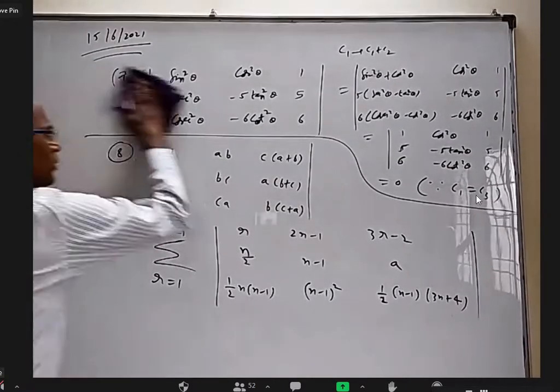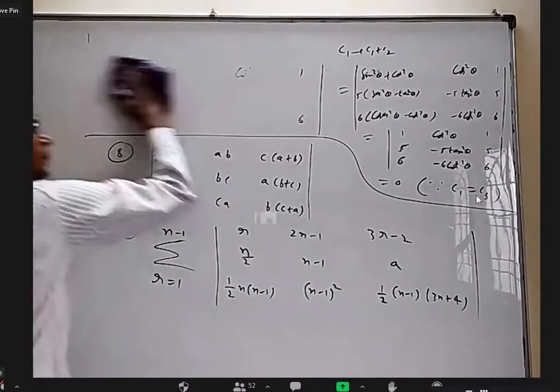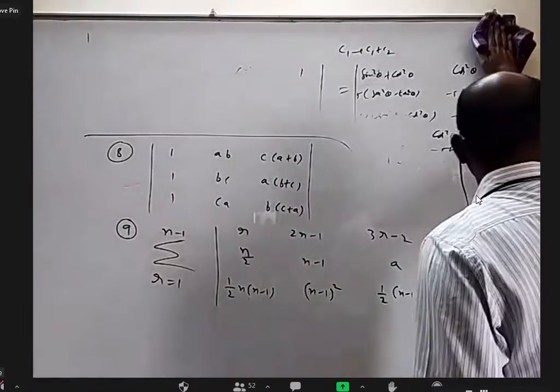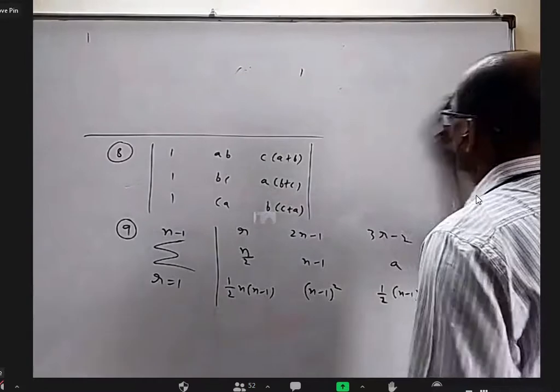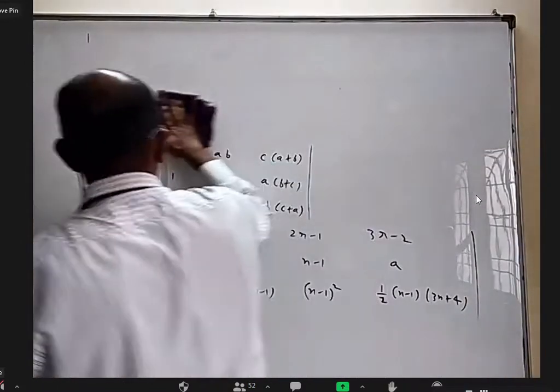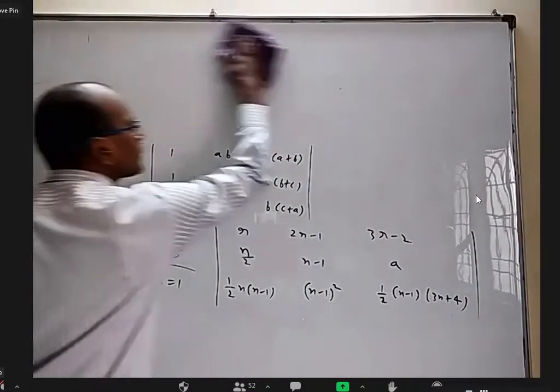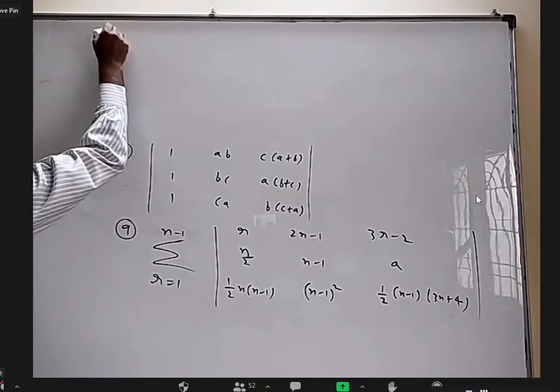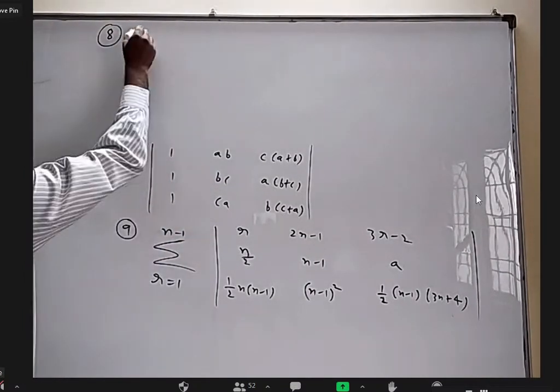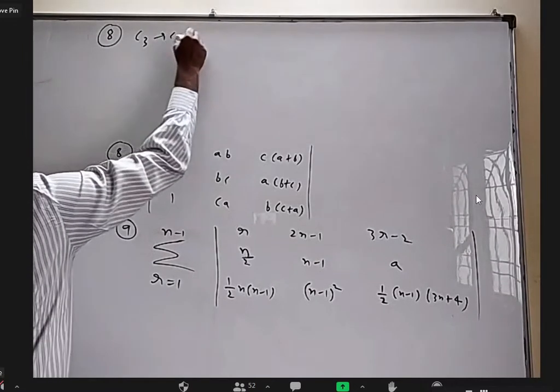Okay, seventh one, I hope everybody completed. Okay, eighth question, you can write column 3 as column 3 plus column 2.